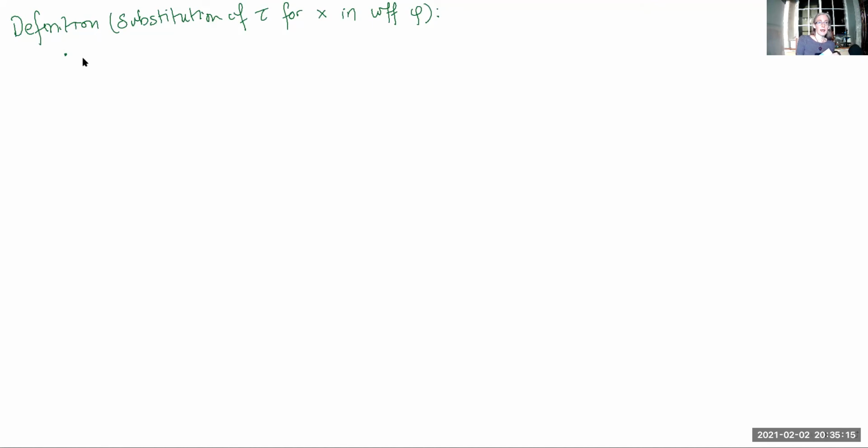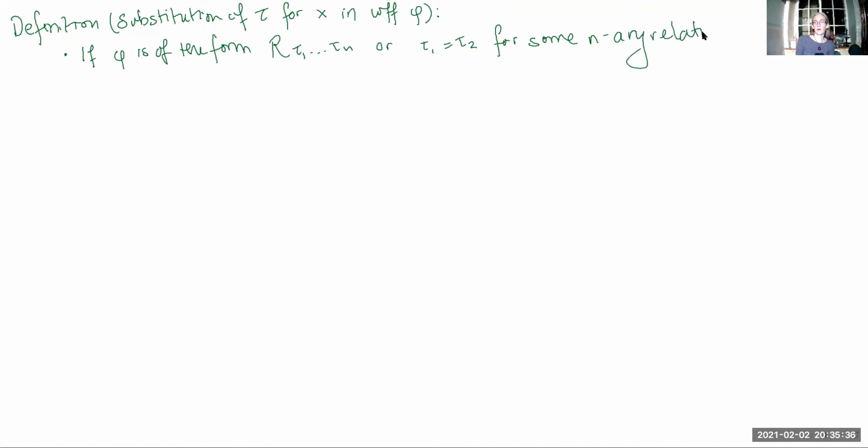So if phi is of the form r tau 1 up to tau n, or tau 1 equals tau 2 for some n-ary relation r and terms tau 1 to tau n.